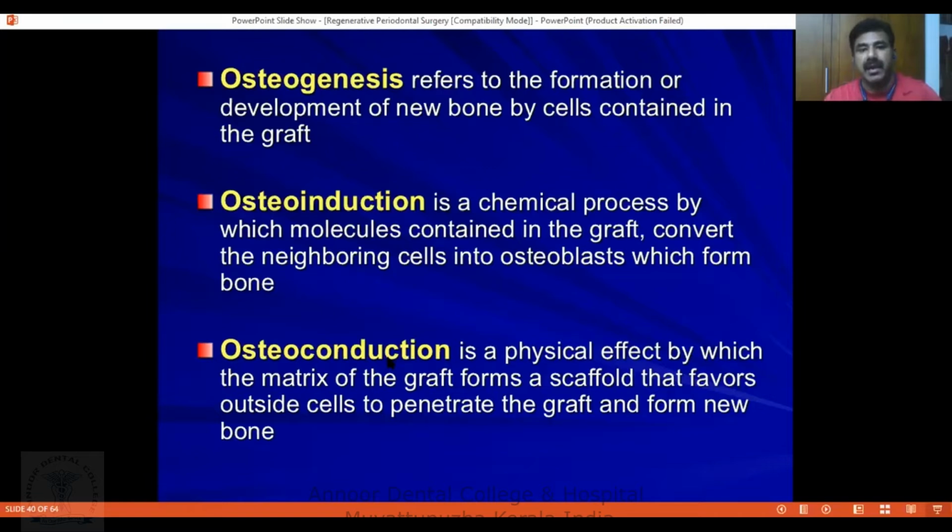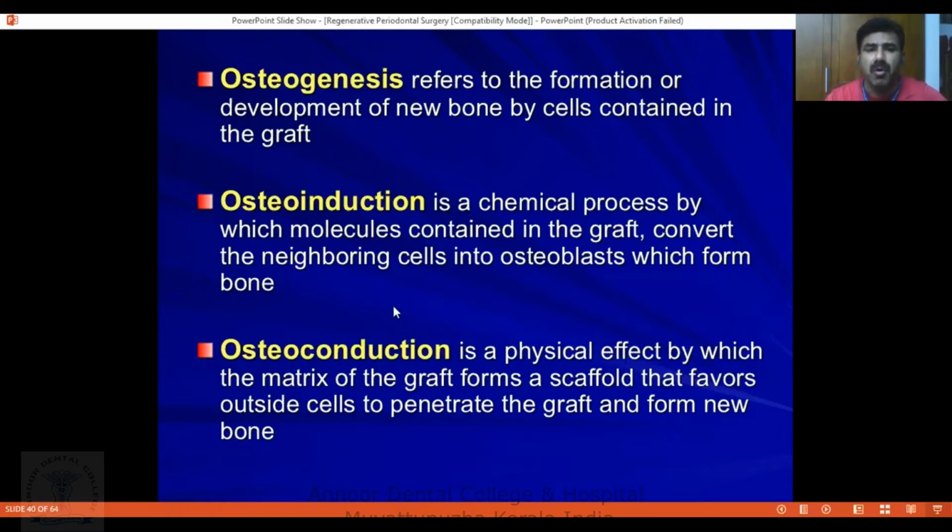From the neighboring area, from the blood clot, the osteoblasts will migrate into the pores of the bone graft, stay there and start forming bone. As new bone is being formed, this scaffold, this matrix slowly gets resolved and the whole thing gets conducted into bone. This property is known as osteoconduction. So most of the bone graft available in the market belongs to this category of osteoconduction.